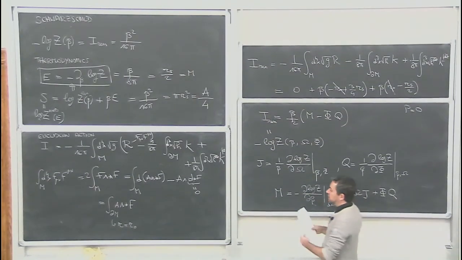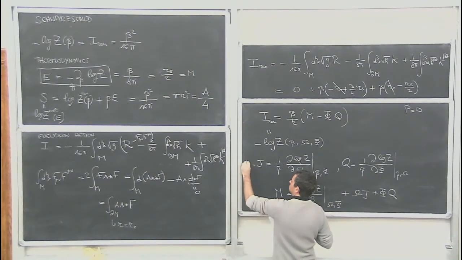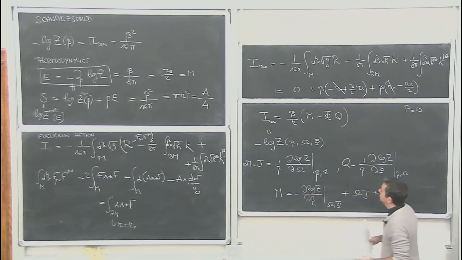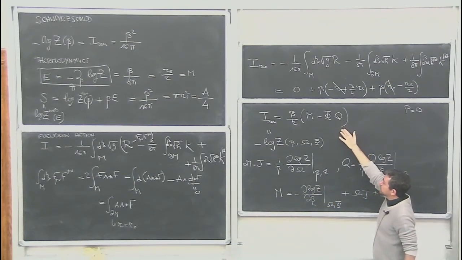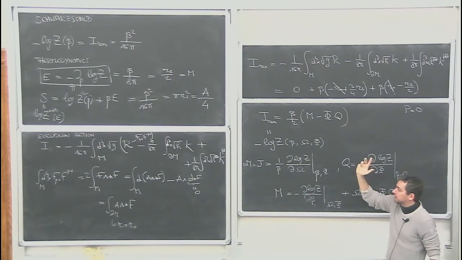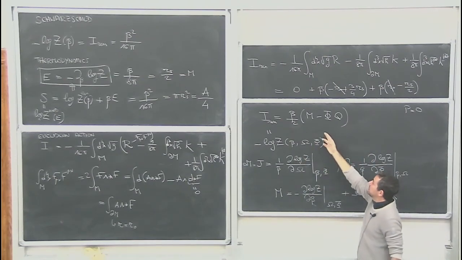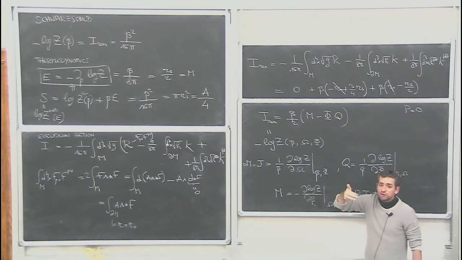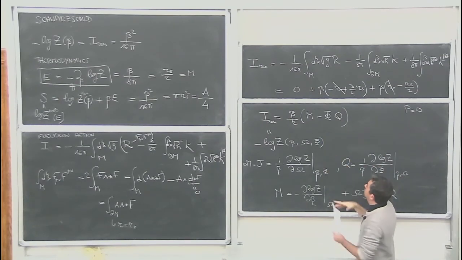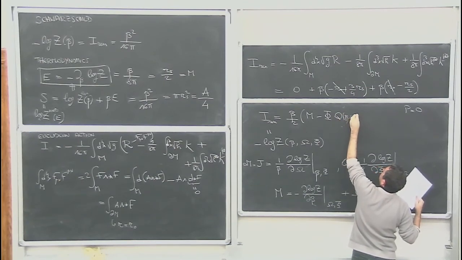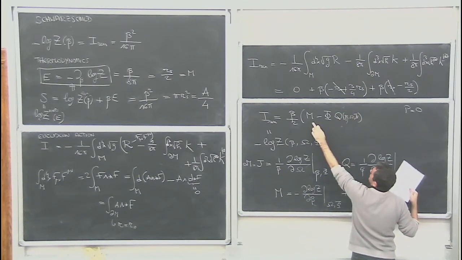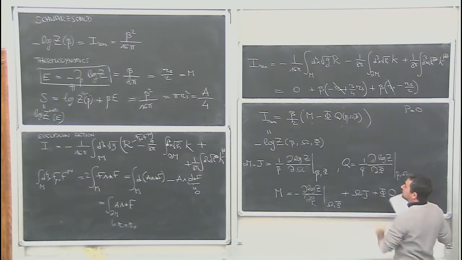It's not so obvious. J was A times M in the Kerr-Newman solution. It's not so obvious because this renormalized action is not expressed in terms of the independent variables that are beta, omega, and phi. Here I have M, here I have Q, so I should invert this and express Q as Q of beta, omega, phi, and same for M before doing that.